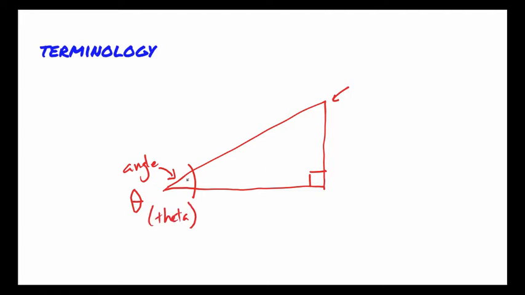So if this is my angle, the side that is opposite of it, directly across from the angle, that's called the opposite side, right? Obviously. And then the other side, the side that is actually touching this angle, the side down here, see how it actually touches the angle?